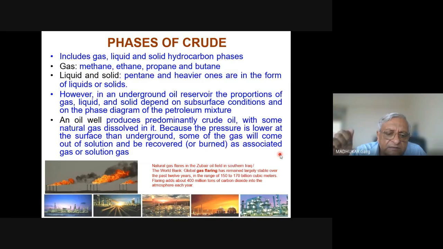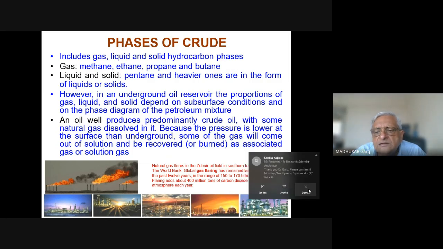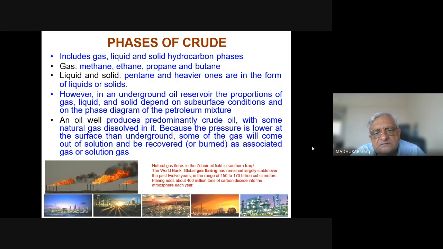In addition to that, crude oil, which is a liquid at room temperature, actually consists of three phases. You have gases dissolved in crude oil, like methane, ethane, propane, and butane. When you heat crude oil, these gases come out, but they are present in the crude oil in a dissolved state.